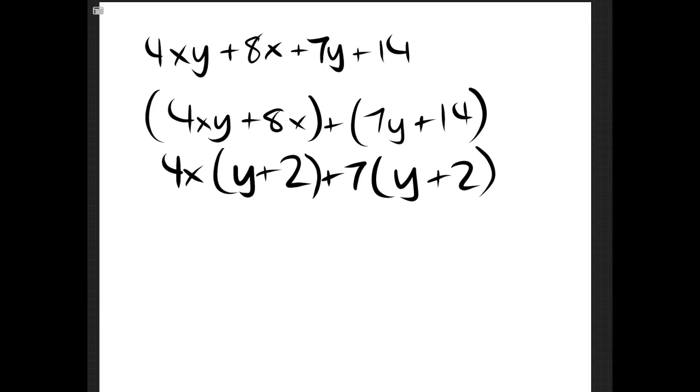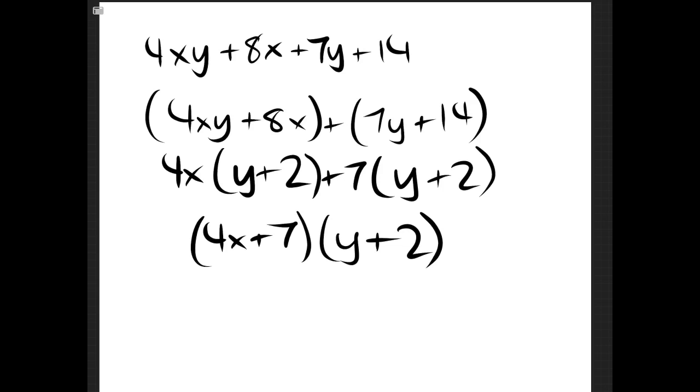But there's actually a thing where these two are identical, y plus 2. That's what I said about how there have to be common identical factors. Since these are equal, we can actually add these together because these are like terms. And if we add these together, you get 4x plus 7 times y plus 2.